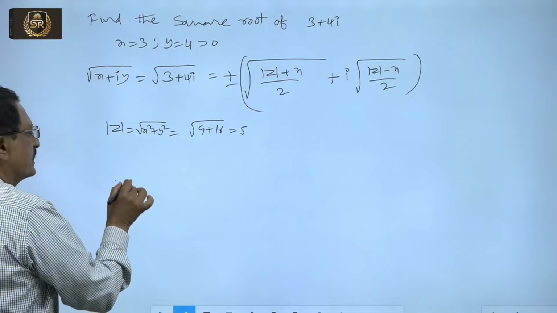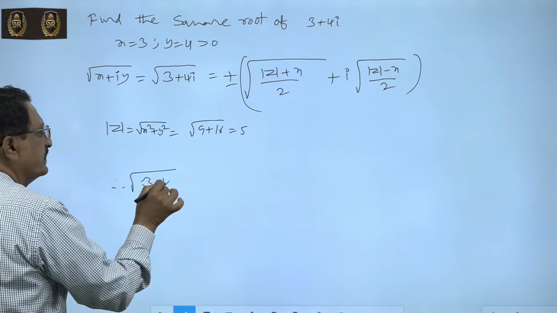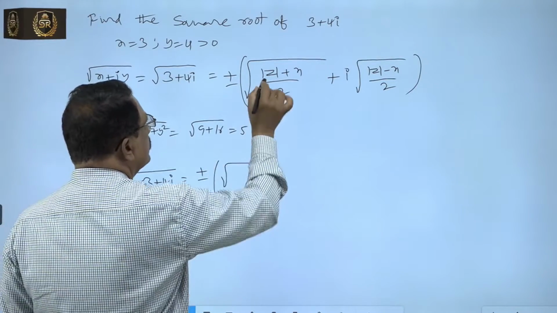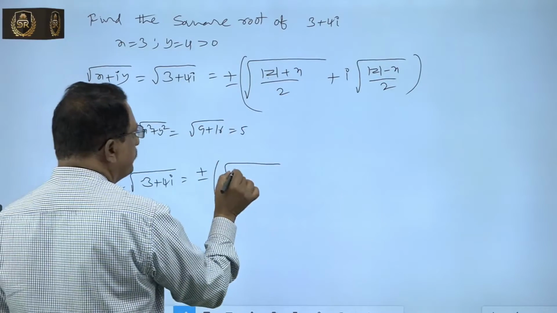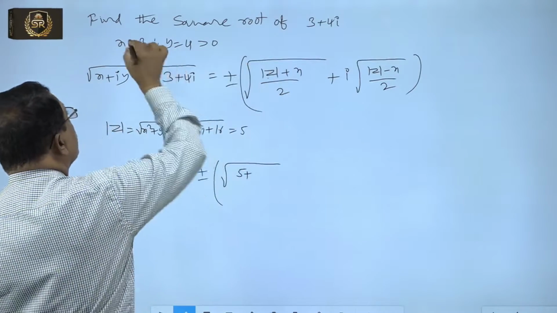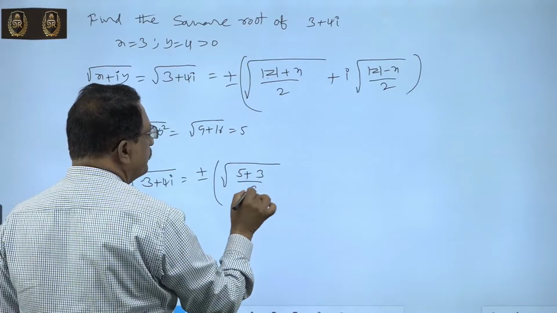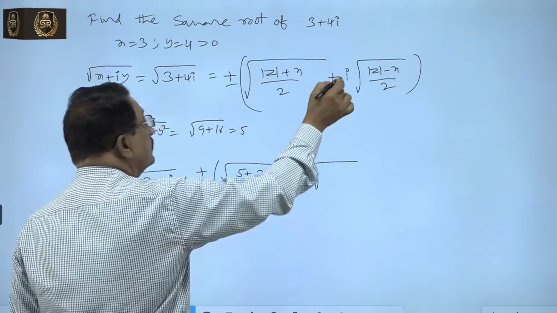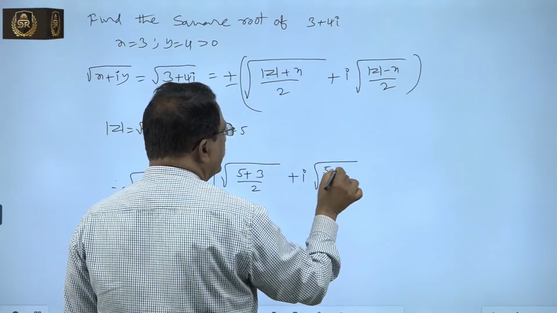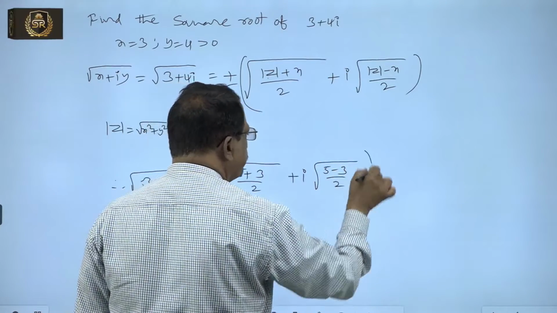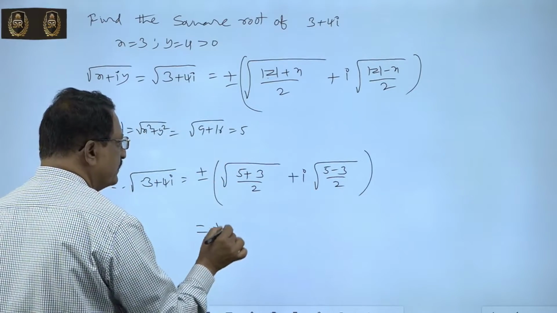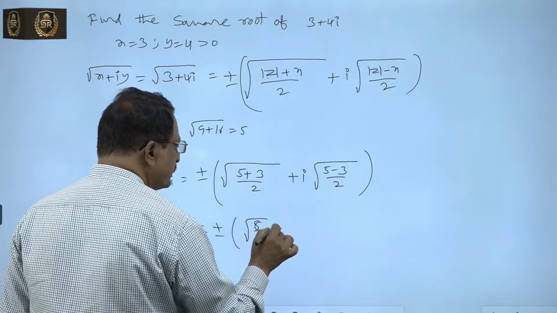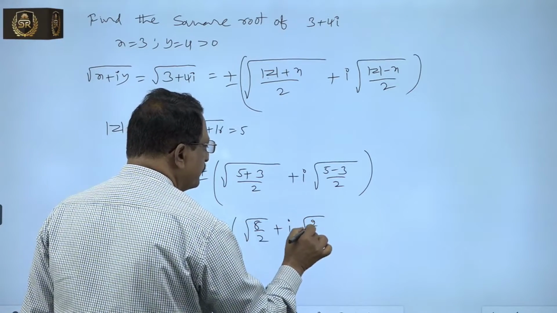Therefore the square root of 3 plus 4i equals plus or minus square root of (5 plus 3) by 2, plus i into square root of (5 minus 3) by 2, that equals plus or minus square root of 8 by 2 plus i into square root of 2 by 2.